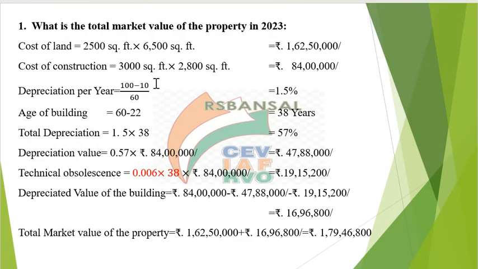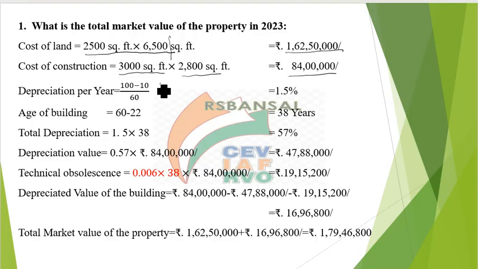What is the total value of the property in 2023? Cost of land: 12,500 into 6,500 per square foot is 8 crore 12 lakh 50,000. Cost of construction: 3000 square feet built-up area at 2800 per square foot is 84 lakh.